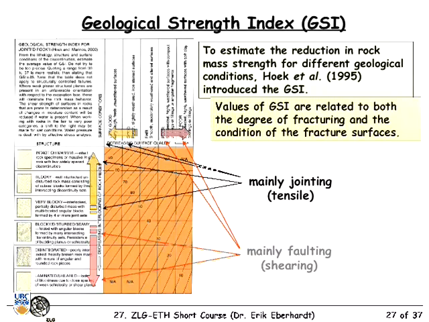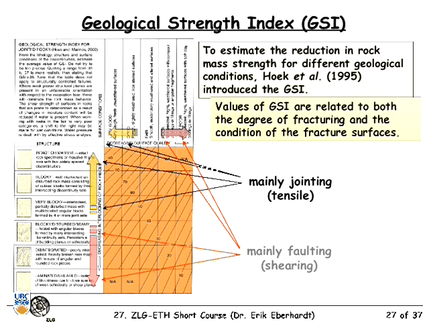So the GSI is basically related to the degree of fracturing and the condition of the fractured surfaces. And it's a visual inspection, very approximate. Depending on where you are, you might be working with materials that are mostly jointed. Because of the tensile nature of jointing, you usually have good surface roughness.